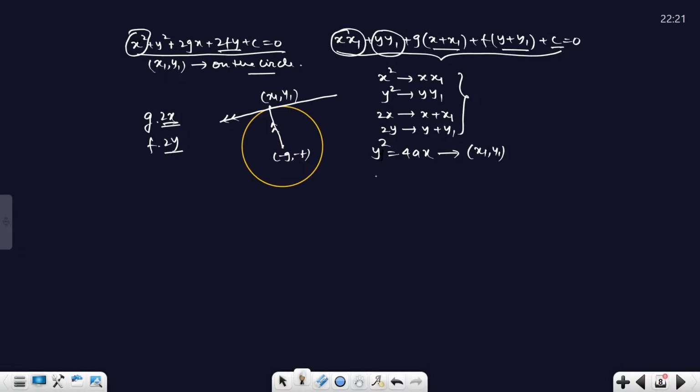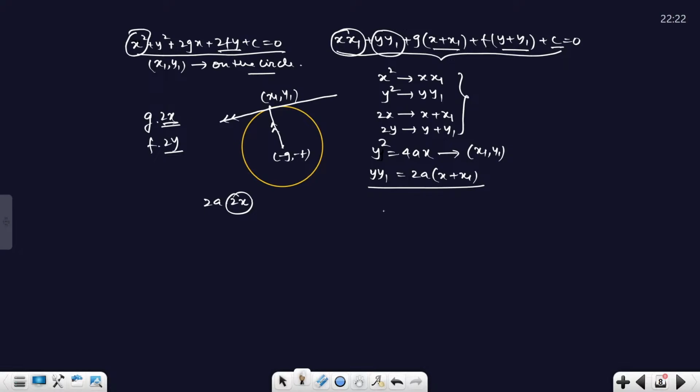No need to remember. This y square will be replaced by yy1. And there is 4ax, which means 2a into 2x. This 2x will be replaced by x plus x1. So it will be yy1 equals 2a times (x plus x1). That is the equation of the tangent to the parabola y square equals 4ax.